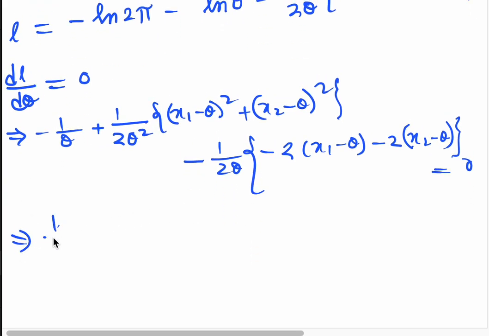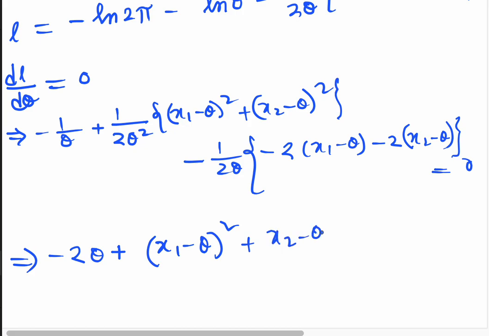So if I multiply both sides by 2 theta square, we'll get here minus 2 theta plus x1 minus theta square plus x2 minus theta square.